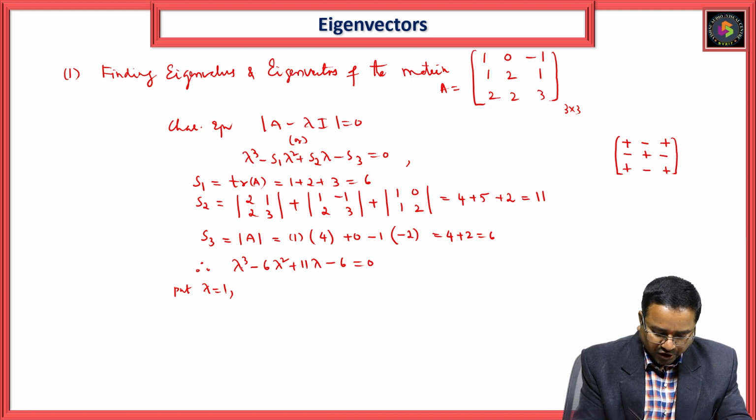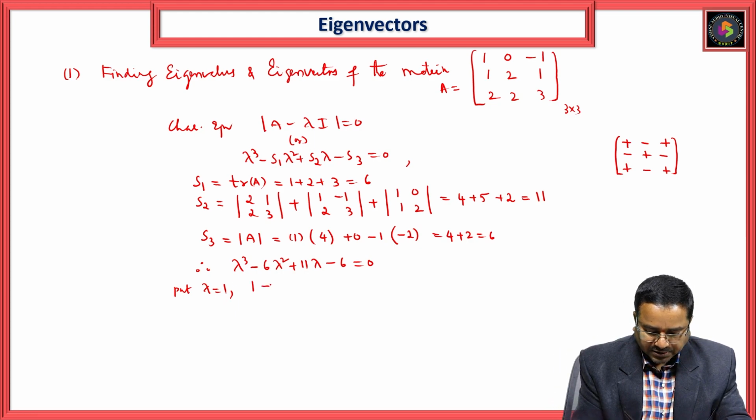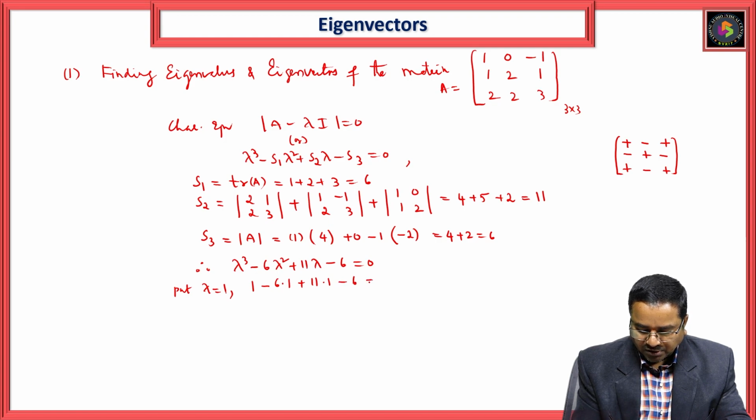So 1 cube is 1, minus 6 times 1 square is 6, plus 11 times 1 is 11, minus 6. Now look at this: this is plus 12 and minus 12, which is 0.